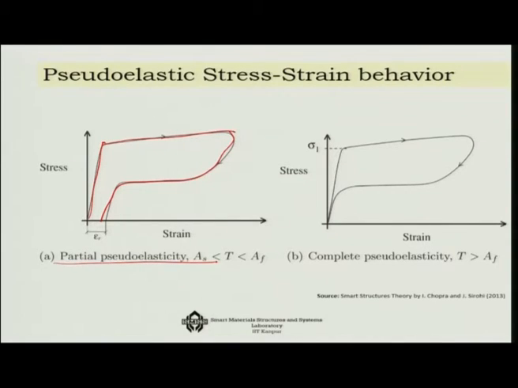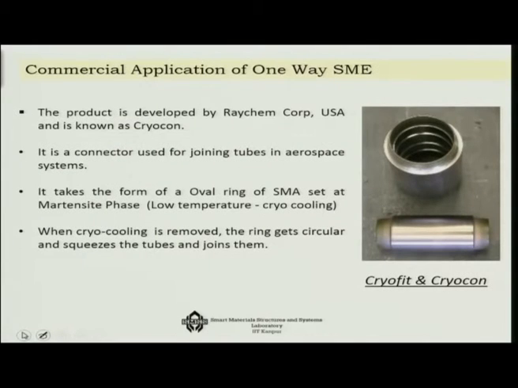The difference between the two is that for complete pseudoelasticity, you start from 0 and then you can come back to the 0 strain level almost itself. That is complete pseudoelasticity. If the temperature remains between AS and AF, then you get partial pseudoelasticity. If the temperature is greater than AF, then you get complete pseudoelasticity in the system.